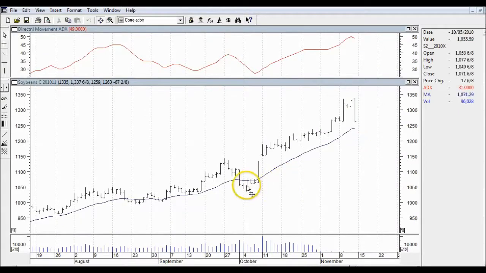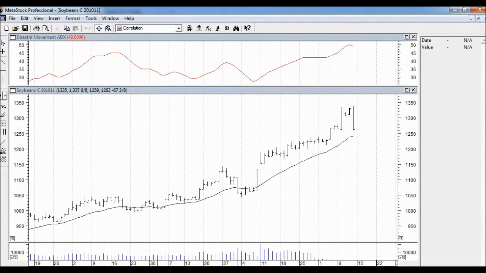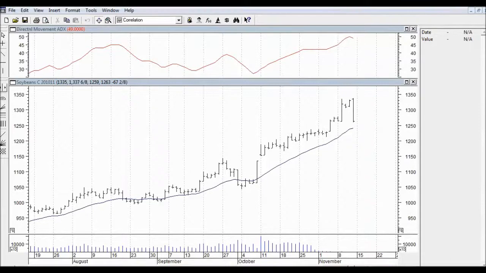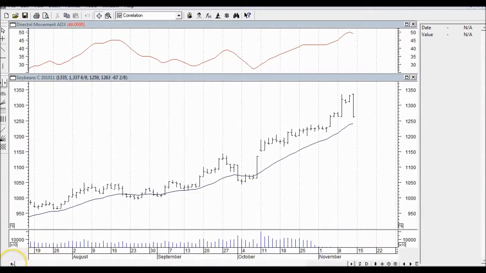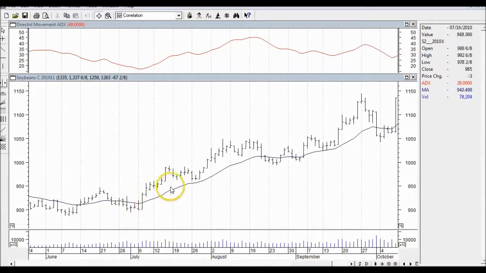Here I've got the November 2010 soybean contract, and I want to run through this chart because it demonstrates that occasionally this strategy isn't going to be so cut and dry for you to trade. Here we see soybeans has entered a pretty strong uptrend.